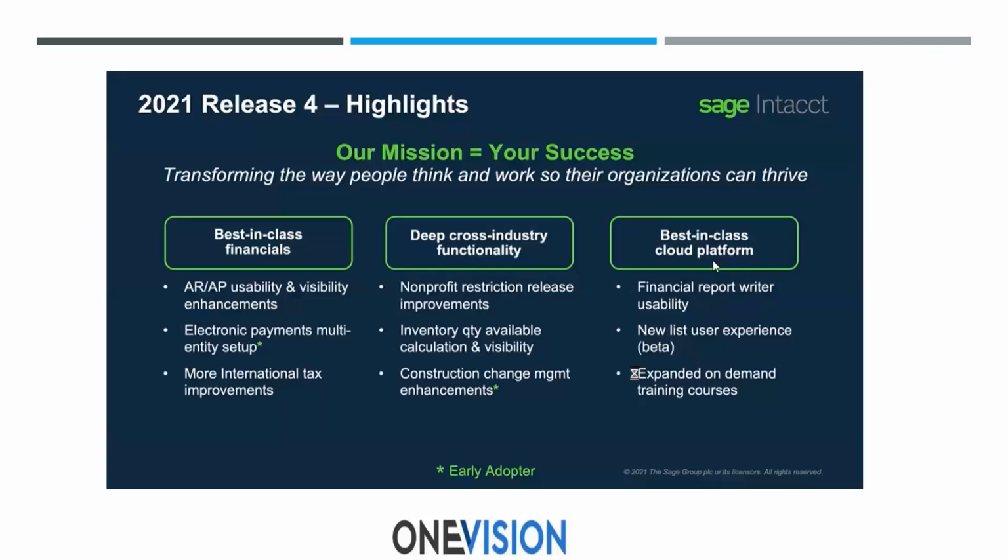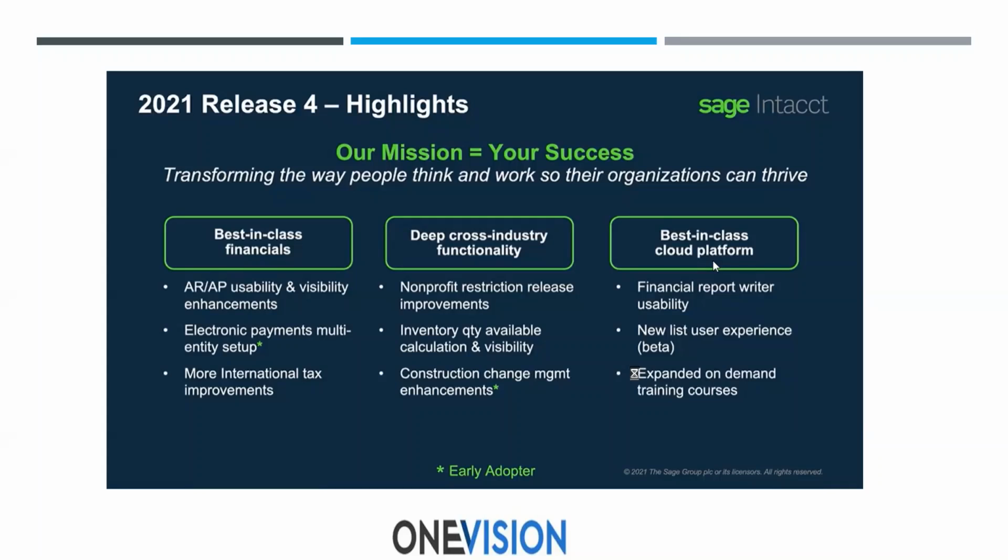The highlights for Release 4 are divided into 3 main categories. The best-in-class financials include accounts receivable and accounts payable usability and visibility enhancements. For early adopters, electronic payments, multi-entity setup, and more international tax improvements.